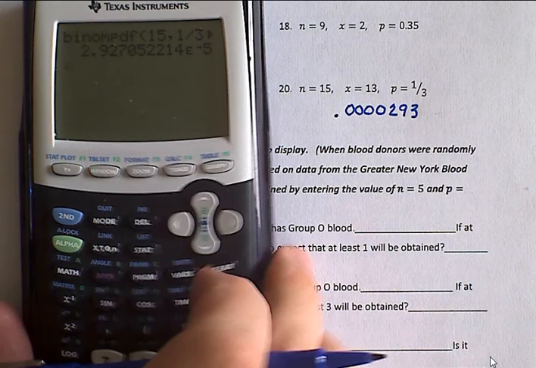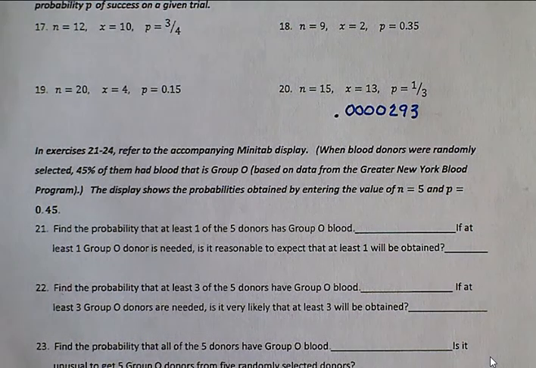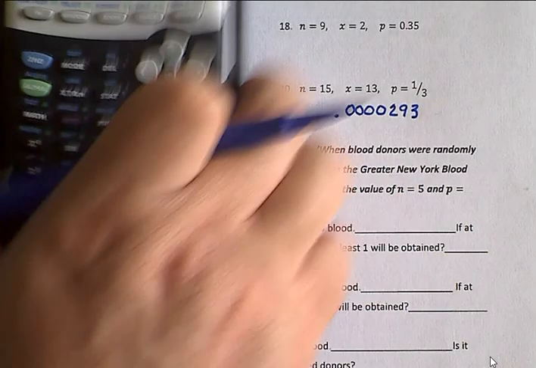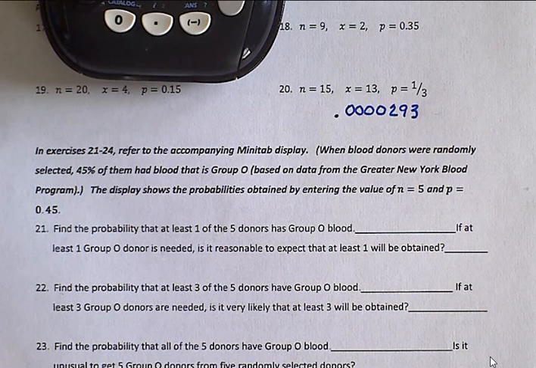Okay, and then it gets into some story problems down below. Again, I would recommend just using the calculator again. So on number 24, in the directions up there, it says when blood donors were randomly selected, 45% of them had blood that is type O. The display shows the probabilities obtained by entering the value of 5, and P is 0.45.